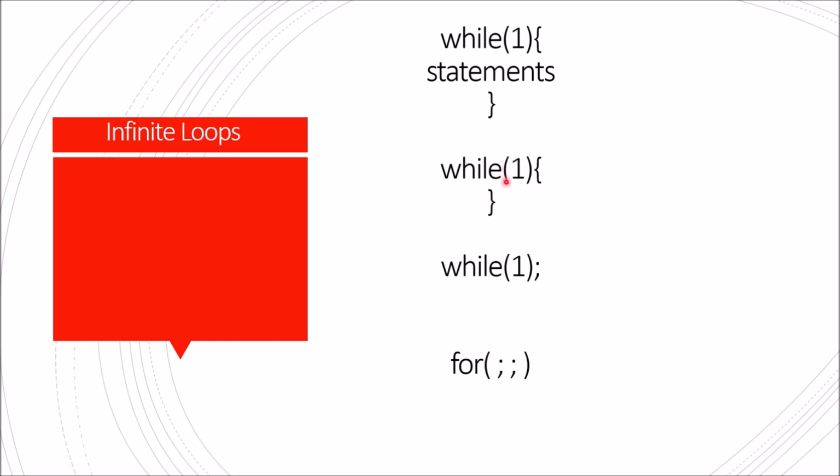However, there can be some other implementations in which the while loop runs forever, infinitely, but it does not have statements inside of it. So it will basically be doing nothing, like waiting.